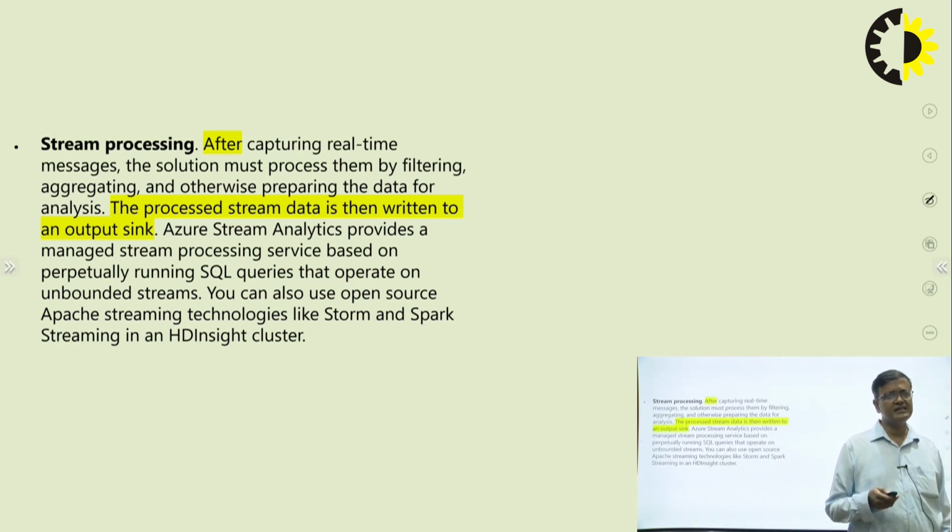So if we take this example of Azure Stream Analytics, which provides a managed stream processing service based on perpetually running SQL queries that operate on unbounded streams. You can also use open source Apache Stream technologies like Storm and Spark Streaming in an HDInsight cluster.